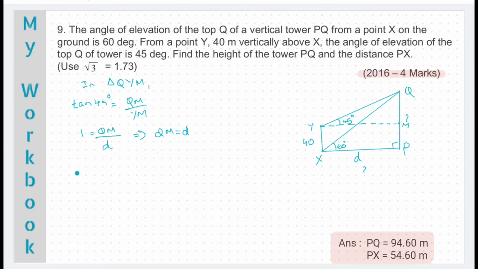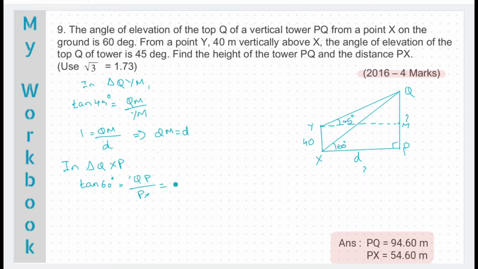Now, let's go on to triangle QXP. This bigger one, QXP. The angle X is 60. So tan 60 degrees is opposite side QP by the adjacent side PX. So it will be QP by PX.